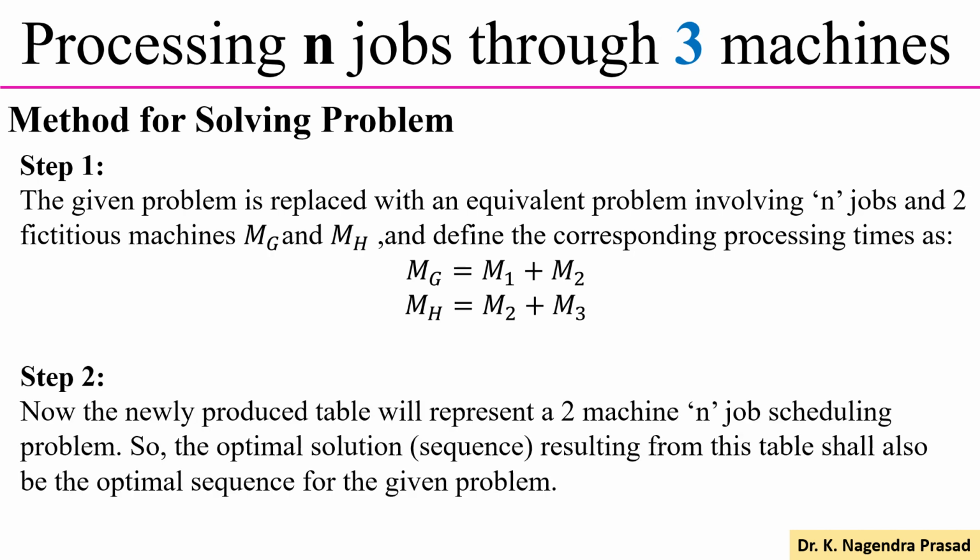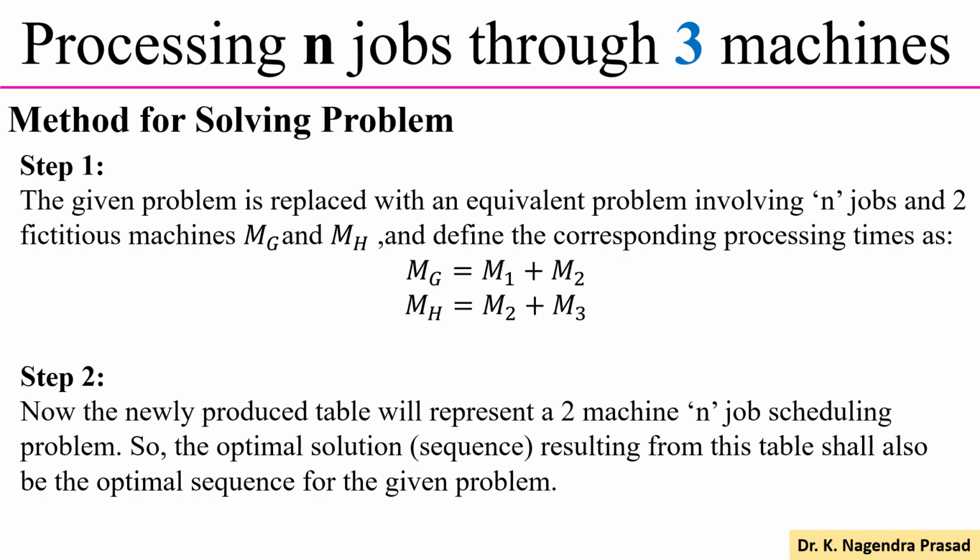Step 2: the newly produced table will represent a 2 machine n job scheduling problem. So the optimal solution resulting from this table shall also be the optimal sequence for the given problem.